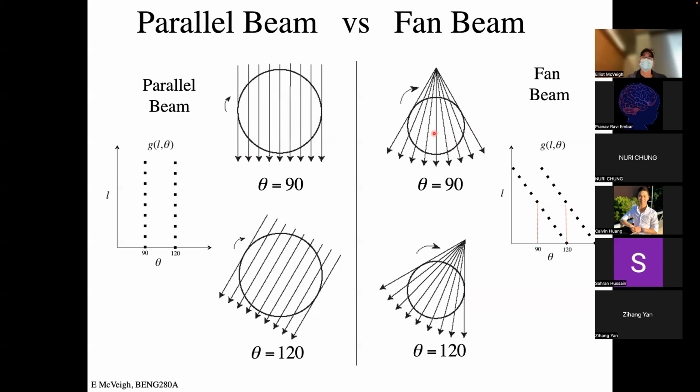And you can imagine if something is moving while you're taking this acquisition, that would affect you differently if you're looking at a fan beam versus this, right?